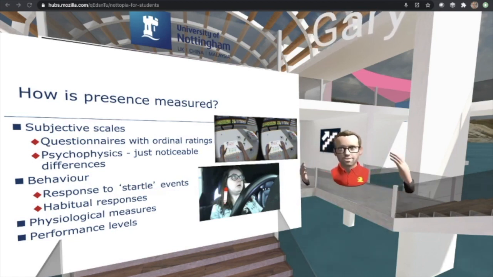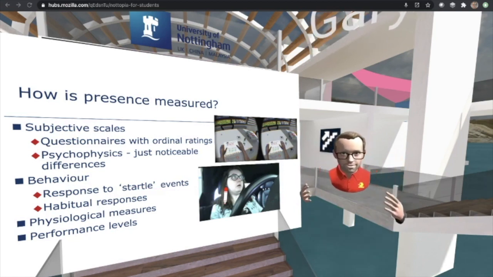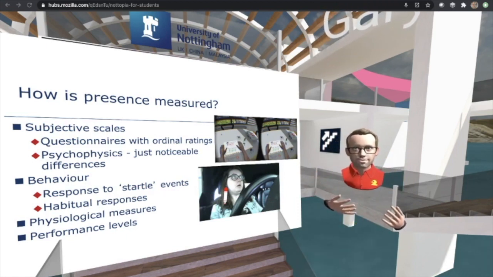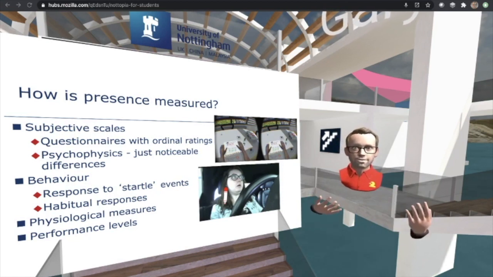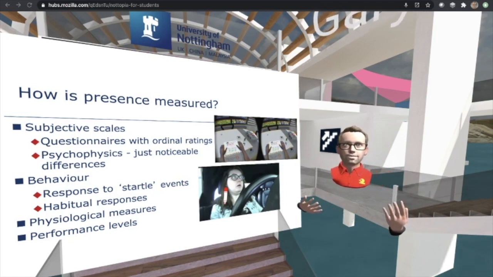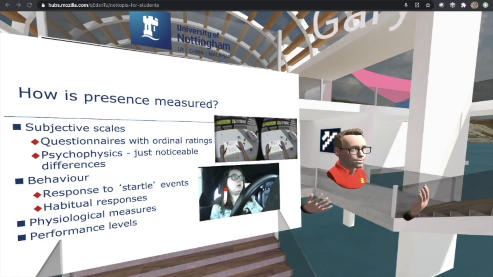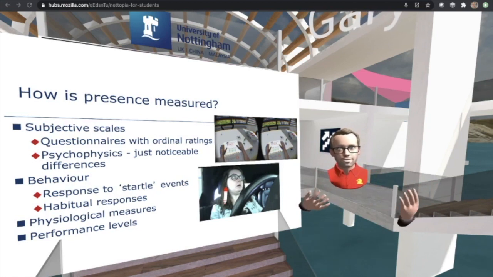Are they jumping back? Are they ducking in order to avoid being hit by something? These are natural behaviours, and if we see them in our simulation, or in virtual reality, then it's indicative of high levels of presence.